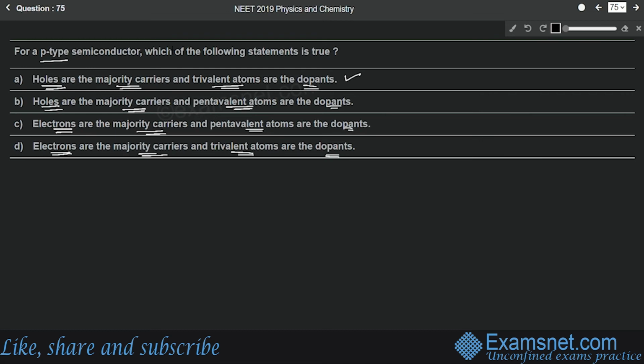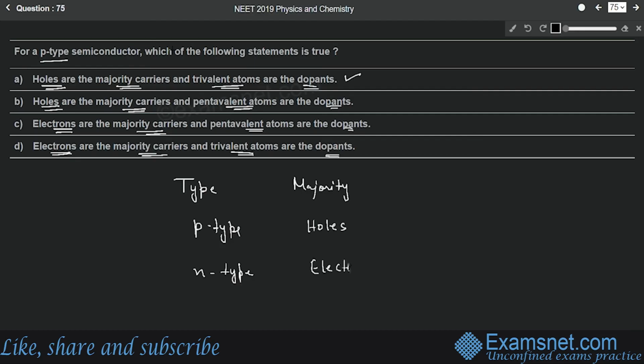So we know that there are two types of semiconductors, P type and N type, right? P means positive and N means negative. Now, what are the majority charge carriers? In case of P type, the majority charge carriers are holes, whereas in case of N type, the majority charge carriers are electrons.